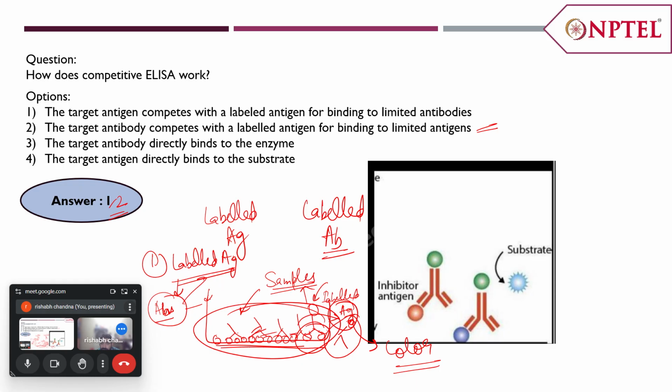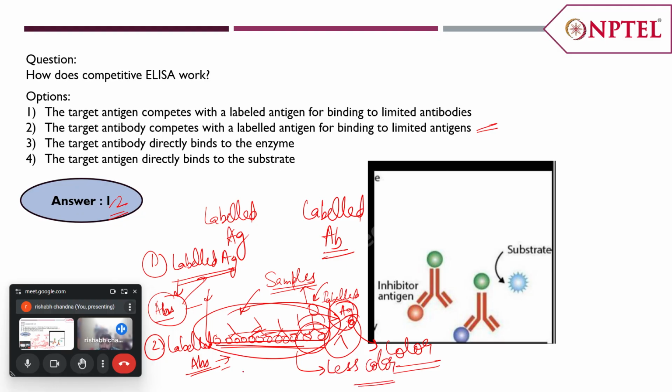In the second case, if we are using labeled antibodies, it detects in an indirect way. If the sample has more antibodies, the labeled antibody will bind to the substrate in a lesser amount, so it gives less color or less detection.